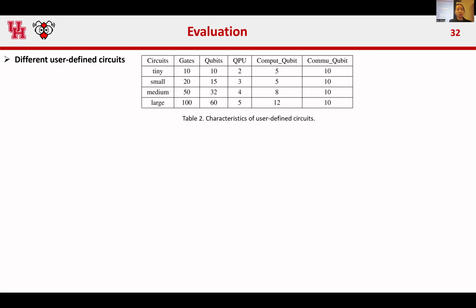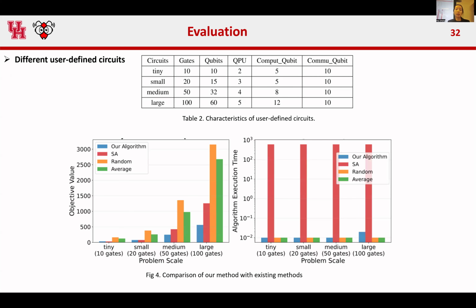So the first evaluation is that we test our method on the different user-defined circuits: tiny circuit, small circuit, medium circuit, and large circuit. We can see our algorithm compared with the other 3 methods, and the blue block is our method. We can see that our method achieves the lowest objective value, which indicates that our method gets the shortest circuit runtime.